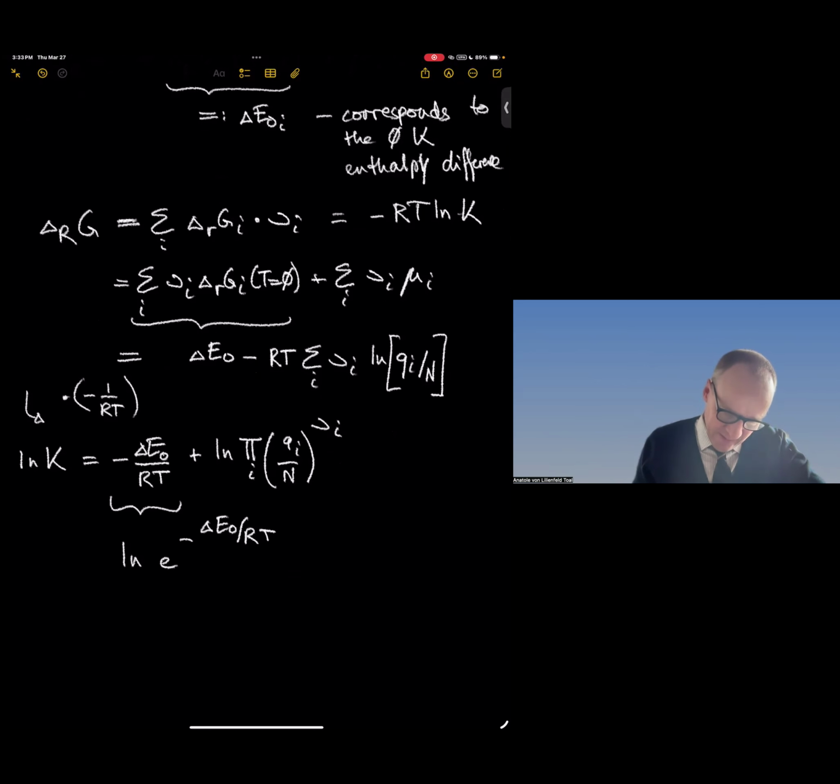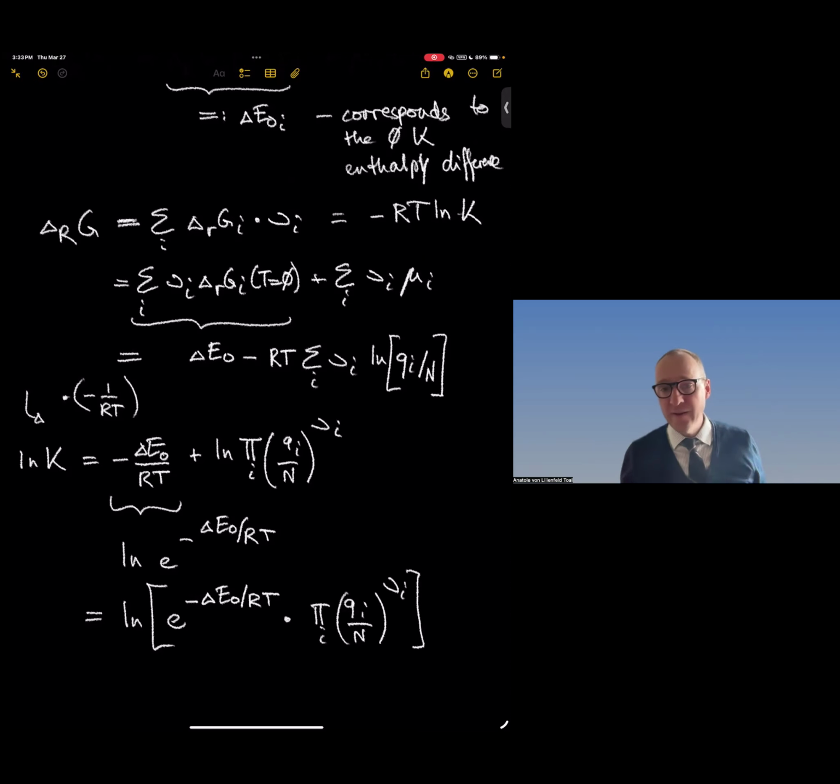So let me write it like this: logarithm of e to the minus delta E0 over RT times product over Q I over N to the power of nu I. And this is the argument for my logarithm now, okay?